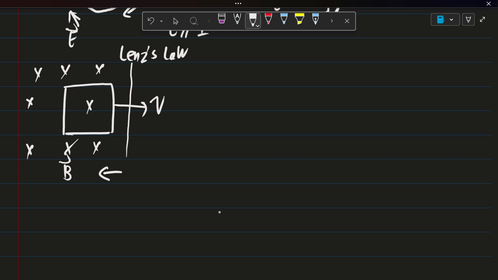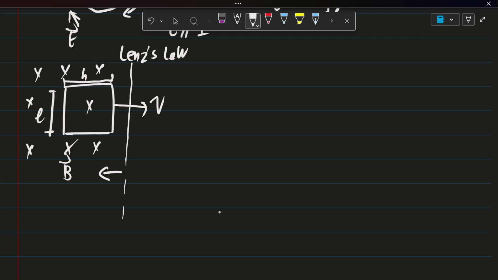There is no current trying to resist, and thus there is no magnetic force. But when you start to cross this boundary, it becomes a different story. Let's state that this is the length L, and this would be the length H.